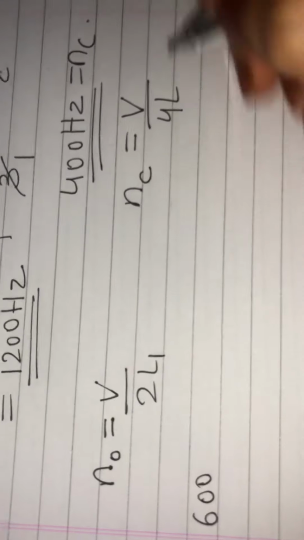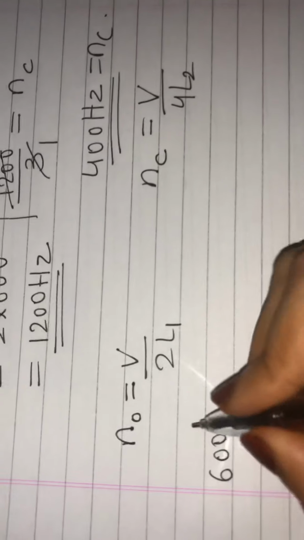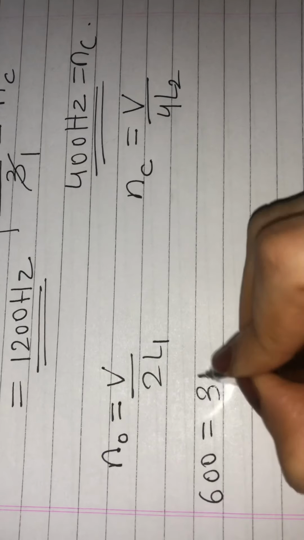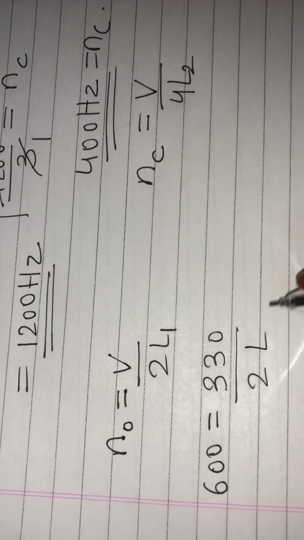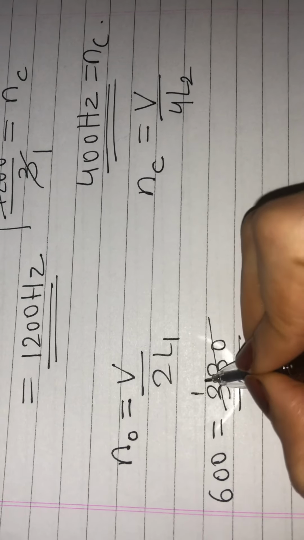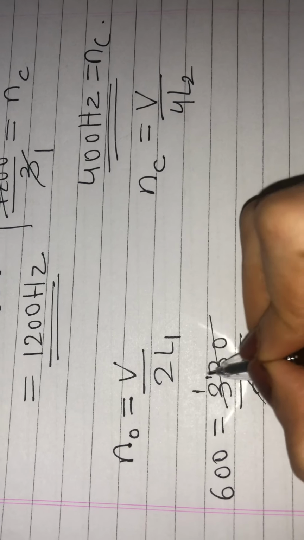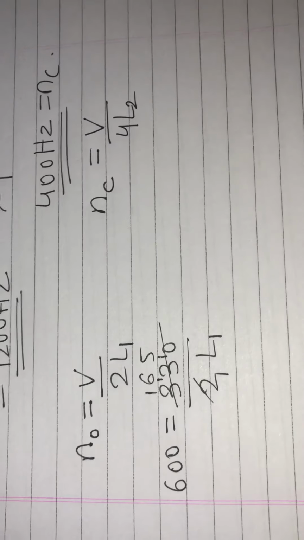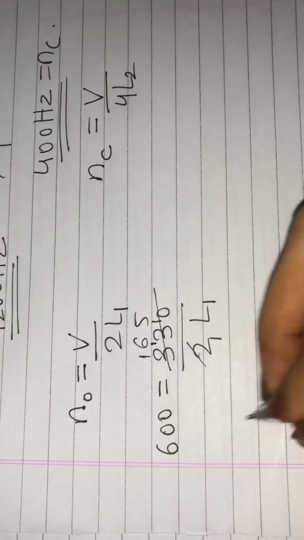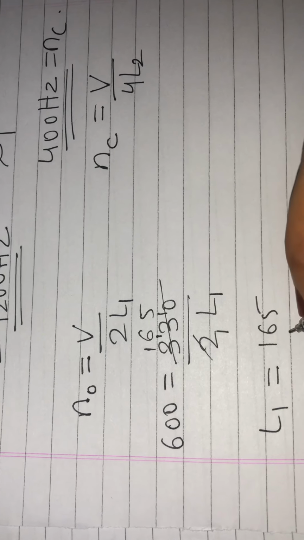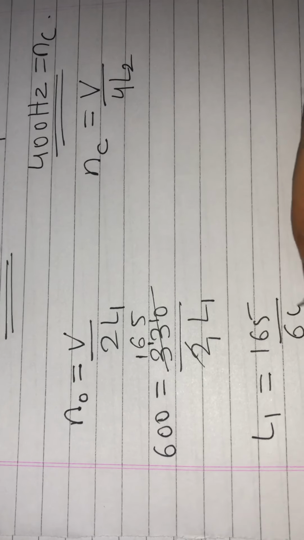So I'll write L1 and here I'll write L2. Now V, the speed of sound in air, is 330. So here it is 330 upon 2 and L1. 2 sixes are 12, 2 fives are 10. So it is 165. Let the L1 go over here. So it is 165 upon 600.